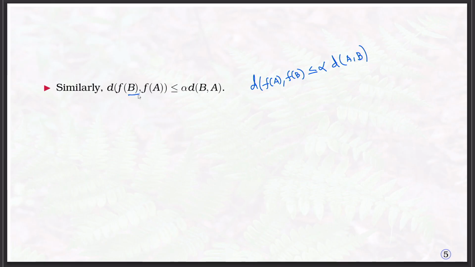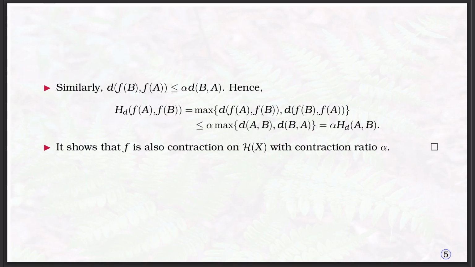Now, we obtained this result. So, now we will find the Hausdorff distance. The Hausdorff distance or Hausdorff metric is defined as the maximum of the distance between f of A and f of B and the distance between f of B and f of A. We already obtained that both quantities are less than or equal to the distance between A and B here and the distance between B and A here.